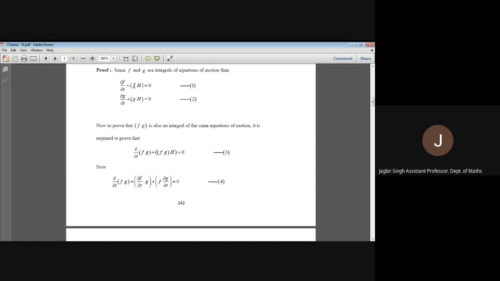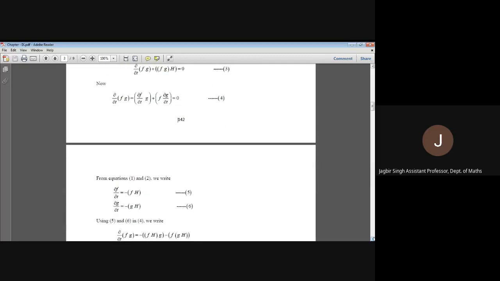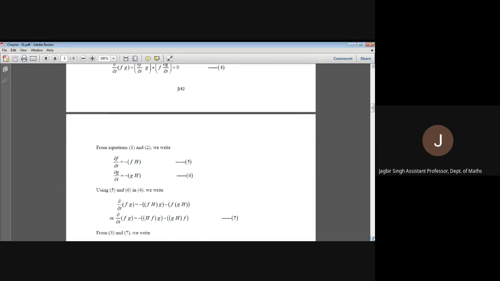Similarly, ∂g/∂t can be obtained from 2 and replaced in 4. So from 1 it will be minus [f, H] and from 2 it will be minus [g, H]. Replacing those values in 4, what do we have? It will be minus [[f, H], g] and minus [f, [g, H]].